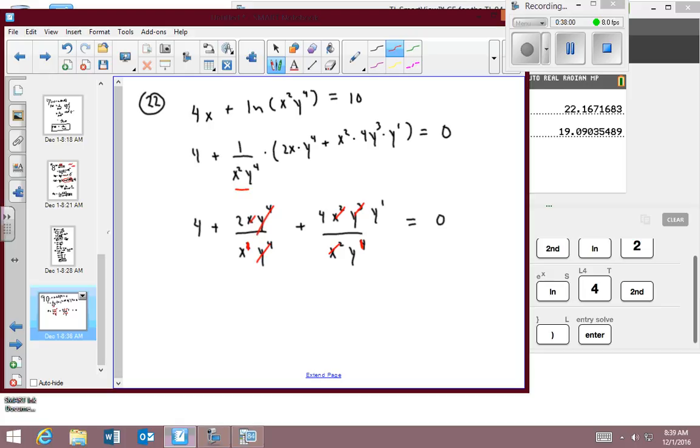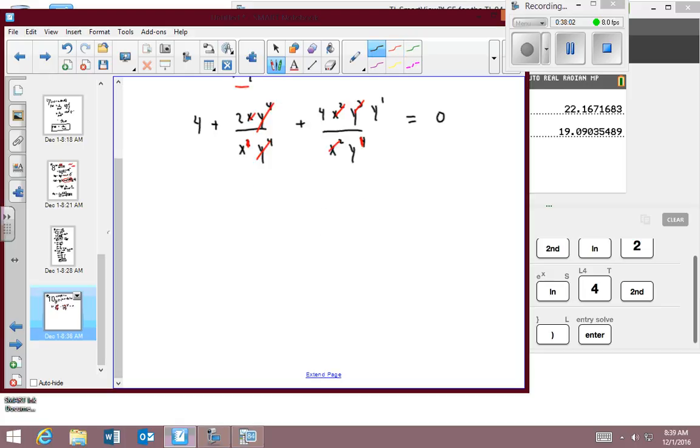So if I move things around, I have 4 plus 2 over x plus 4 y prime over y equals 0. Now I get my 4 and my 2 over x on the other side. So 4 y prime over y equals negative 4 minus 2 over x.